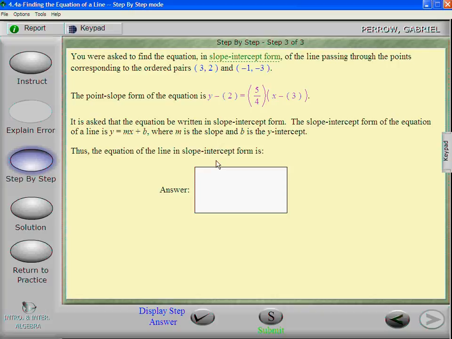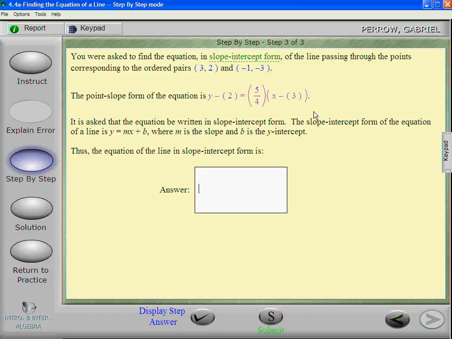I've got to distribute the 5/4 in, so the left side stays y take away 2, but the right side becomes 5x over 4 minus 15 over 4. When I distribute 5/4 into -3, it's like -3 over 1. Top with top, bottom with bottom. Anytime you multiply fractions, you get -15 over 4.